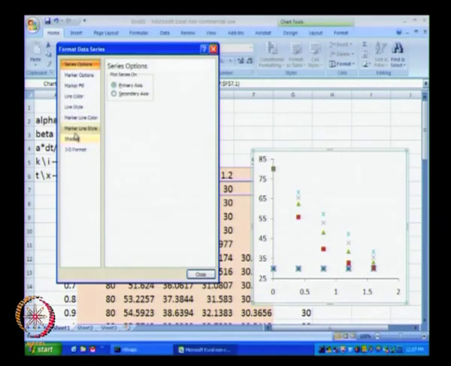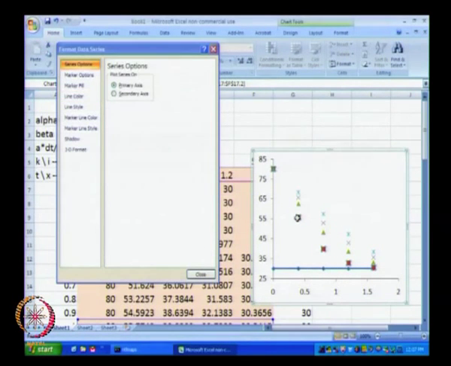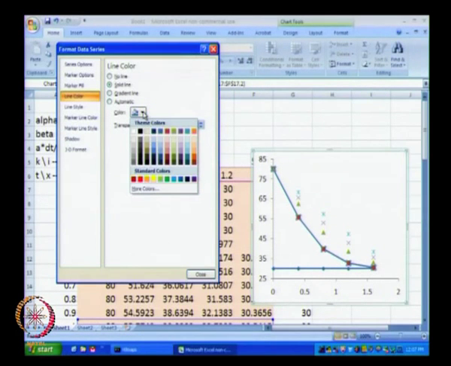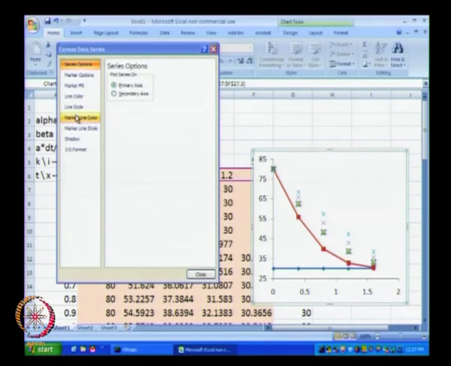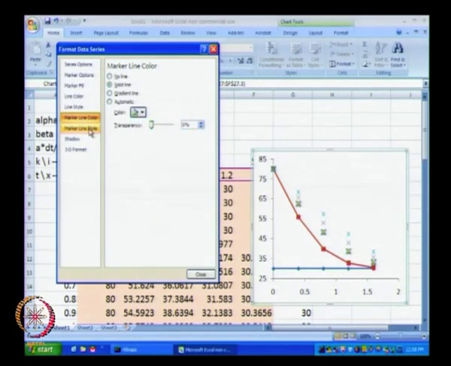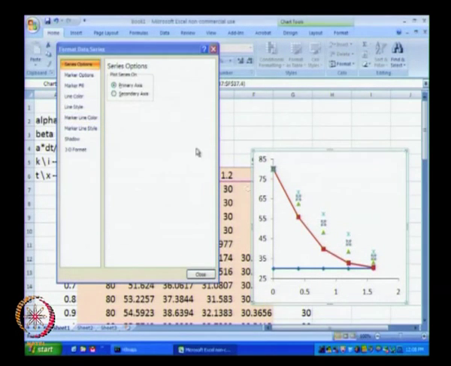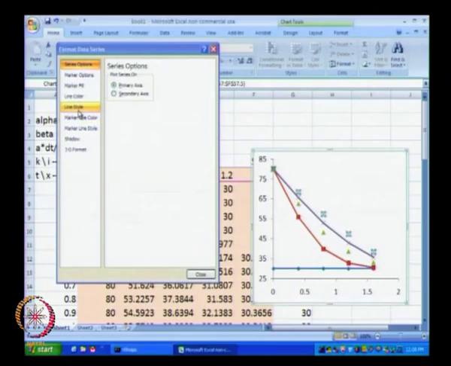Format data series, and we will add lines so that we can see. Okay, this is going to be the fourth line, and then finally the fifth line.